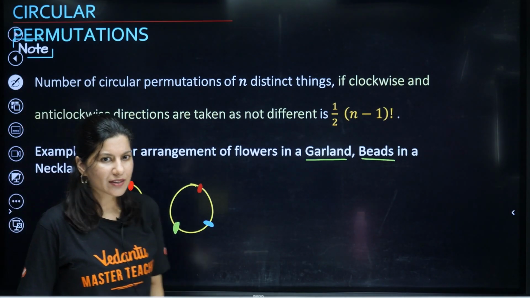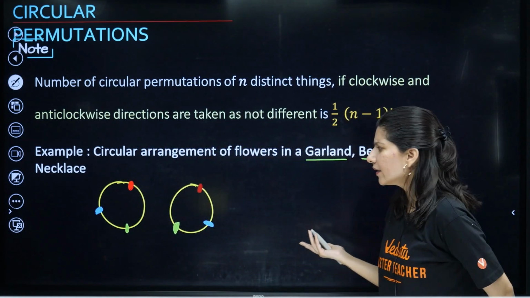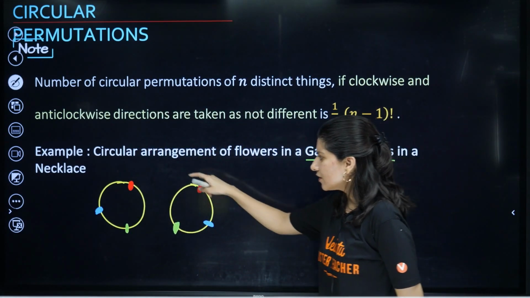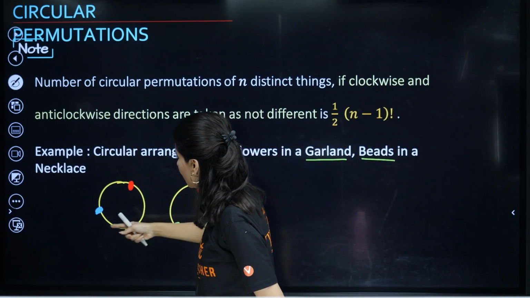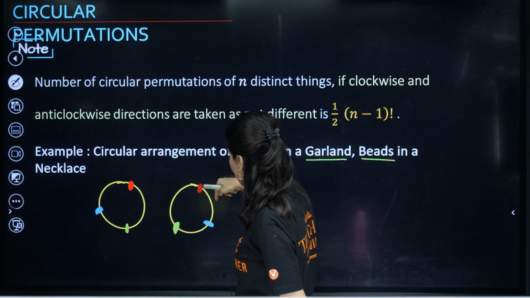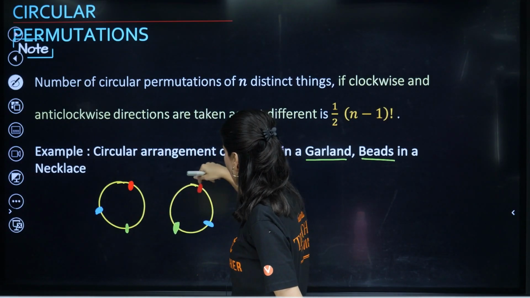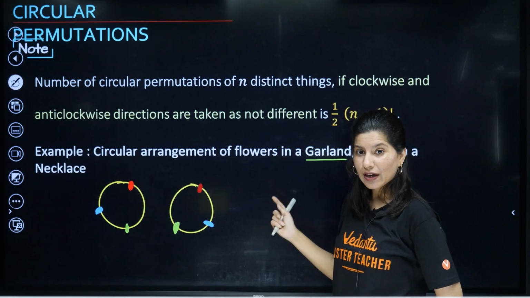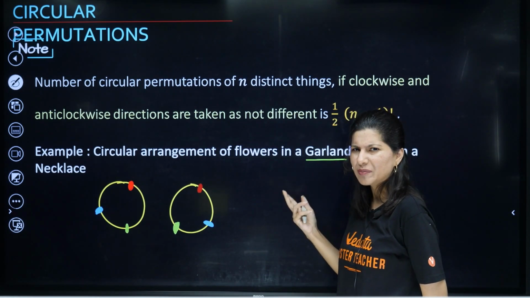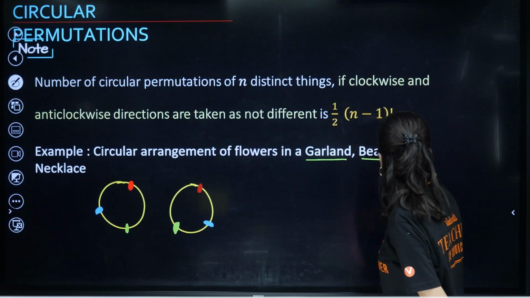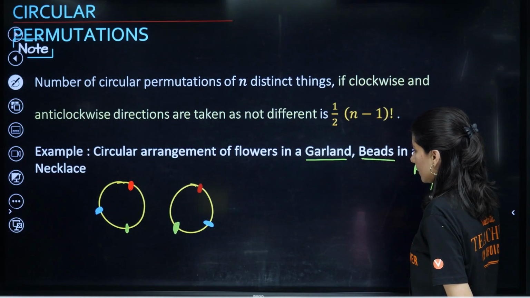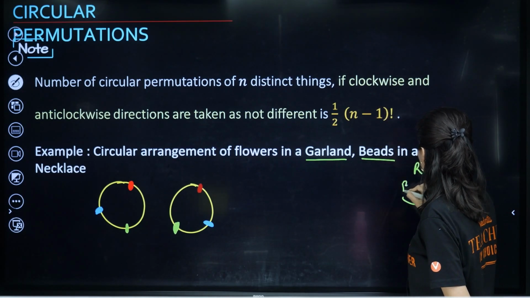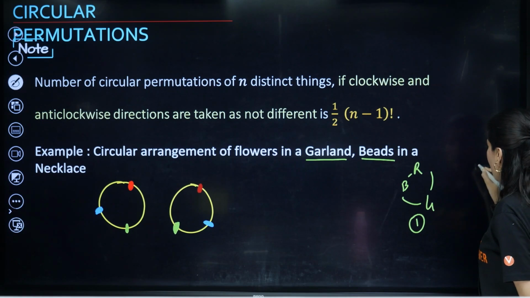Only these 2 arrangements are possible, not a third. This is the order red, green, blue, and then red, blue, green. Tell me if you can give me a third possibility. Not going to happen, right? This is the first option, and this is red, blue, green.